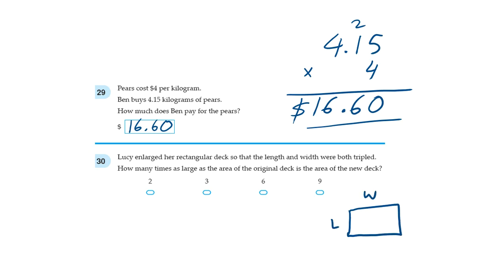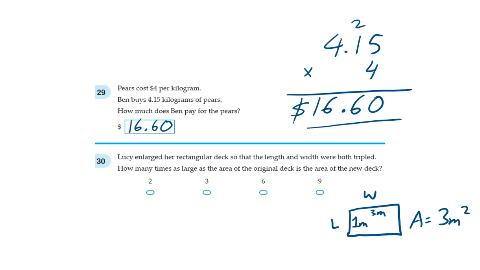Let's say the length was 1. We can just do 1 meter, and the width was 3 meters. So the area of the original one would be 1 times 3, which is 3 meters squared.